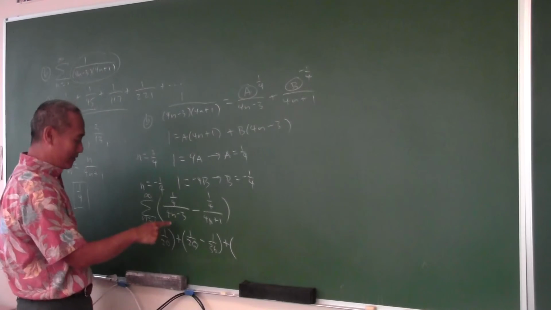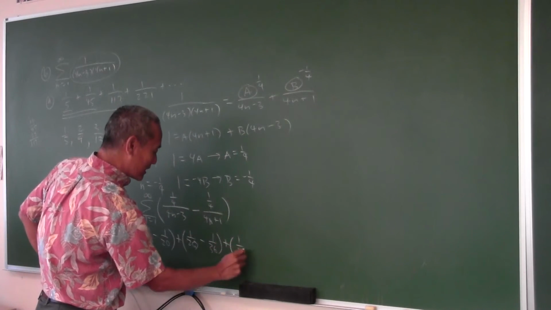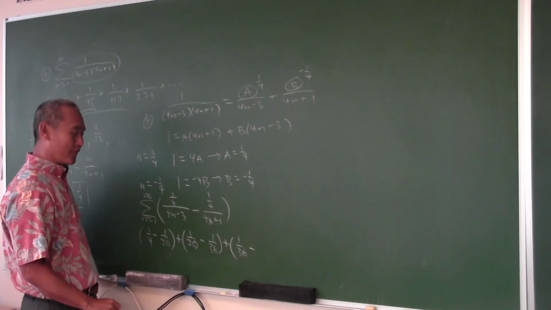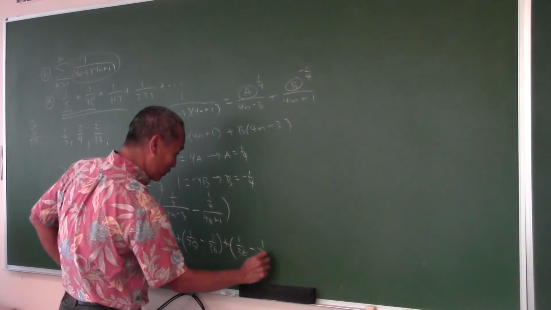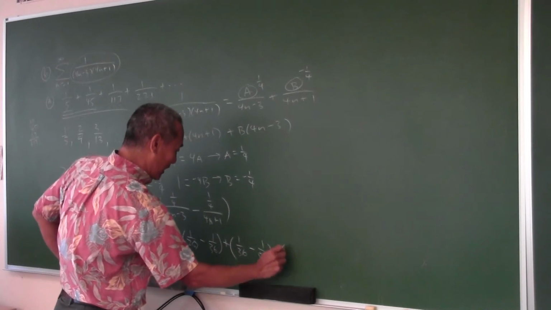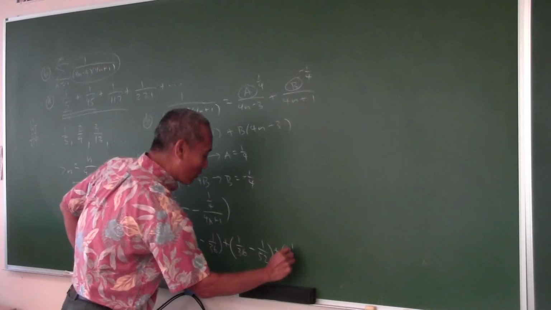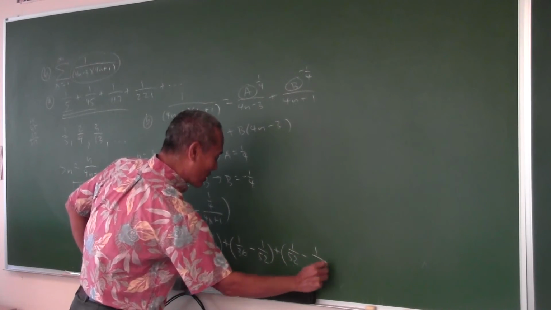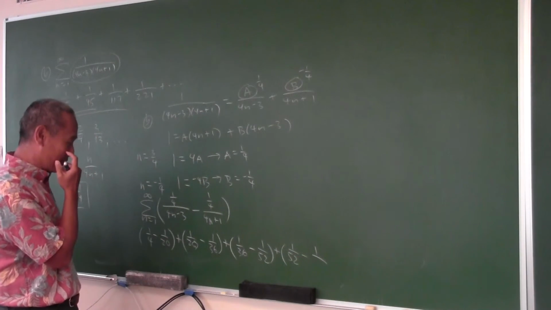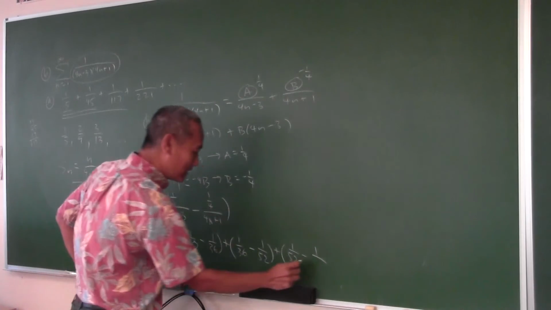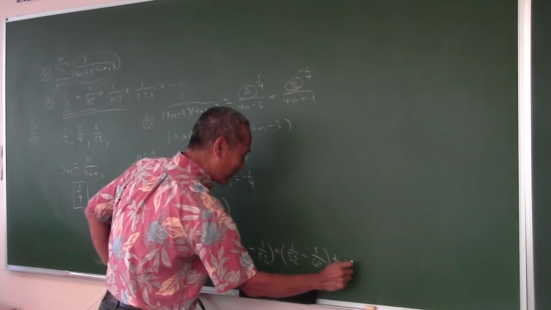Now plug in 3 for n. 1 over 36 minus 1 over 52. Now plug in 4 for n. 1 over 52 minus 1 over 68. And this thing goes on forever.